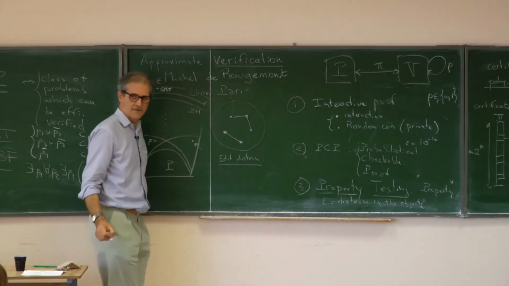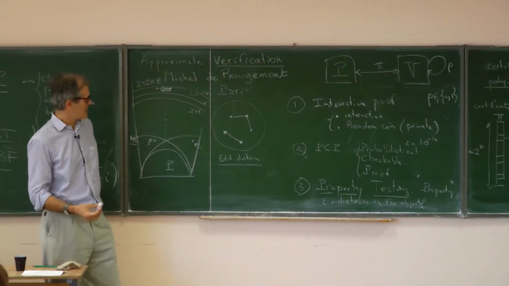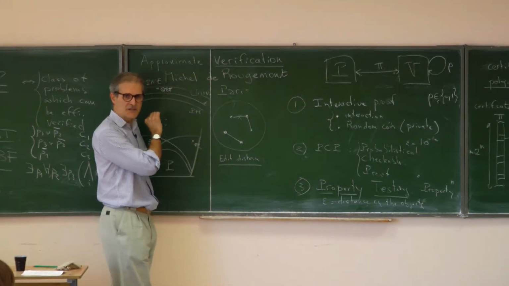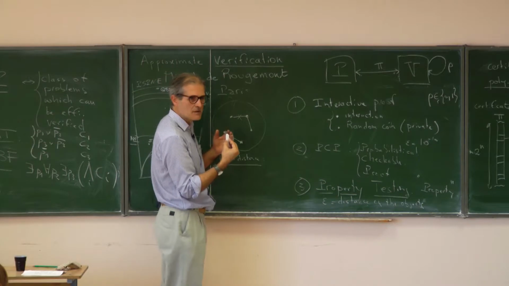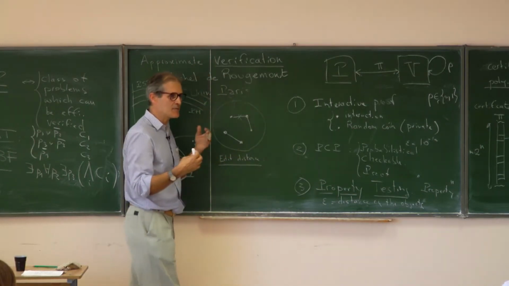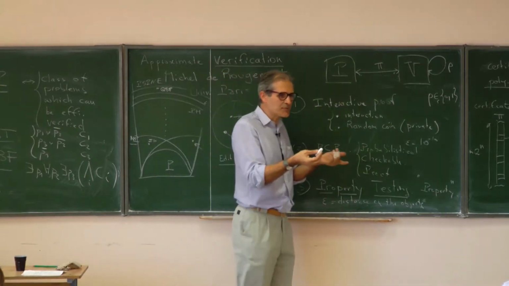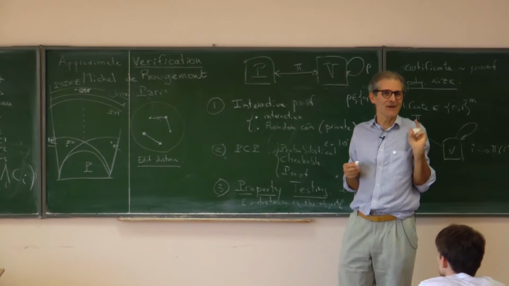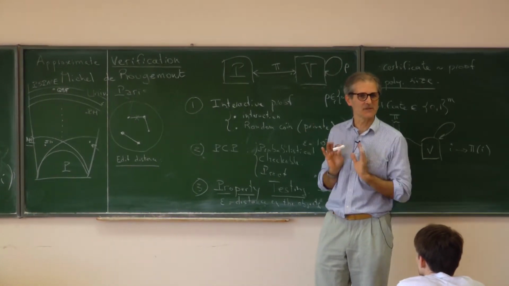What is the edit distance on graphs? Well, you tolerate that you can suppress an edge, add an edge, add a new point. Every time you make an edit operation, that is adding an edge, removing an edge, adding a node, or removing a node. That's what an edit operation is.